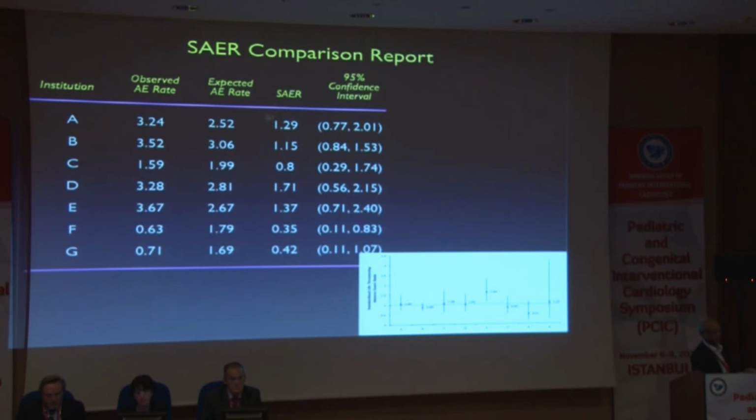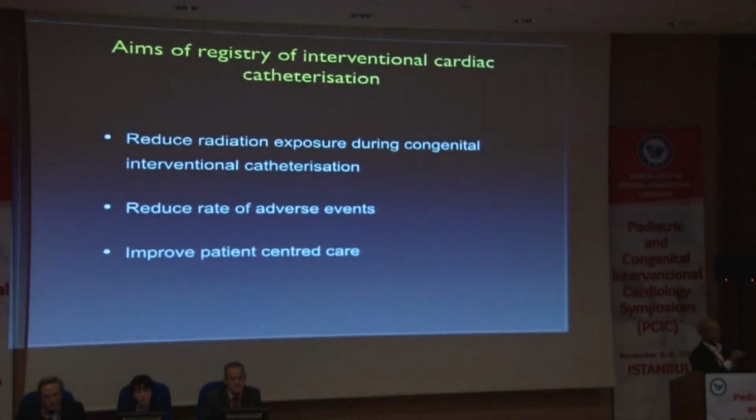So for these units that have a ratio of more than 1, 1.3, 1.7, obviously you have to look at the reasons why that unit has a higher adverse event ratio than expected. And that, again, with critical self-analysis, will help to improve your unit performance.